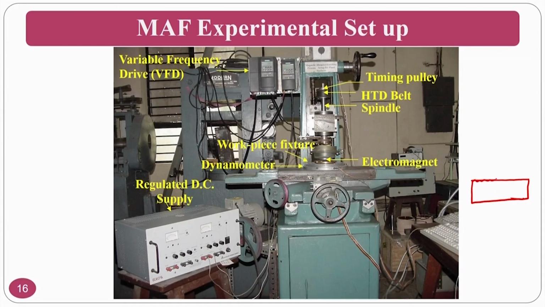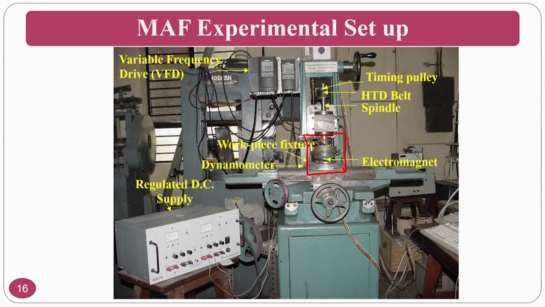Okay. So, you can see here the electromagnet, the workpiece, as well as the dynamometer. A ring type dynamometer is placed on which the workpiece is placed. If you see this particular location, this is where the workpiece as well as the tool is placed.